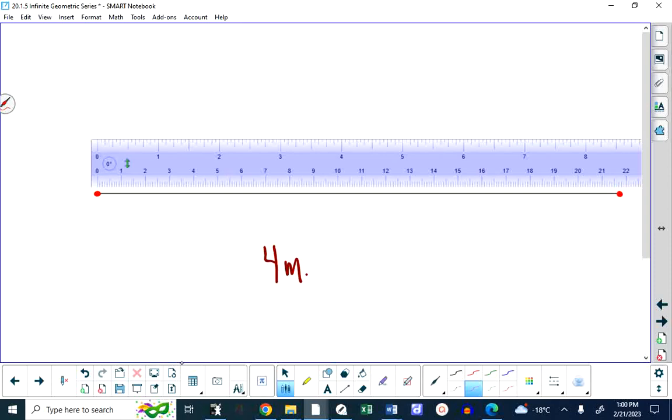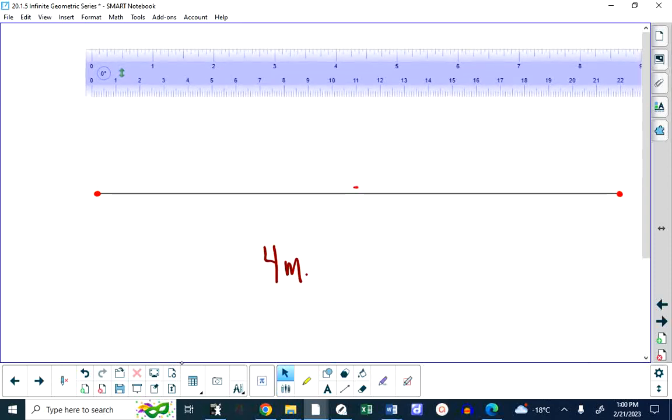What's half of 21.7? 10.85. So the middle of this is about here. Don't know why it does that. That's okay. The middle of it is about here.